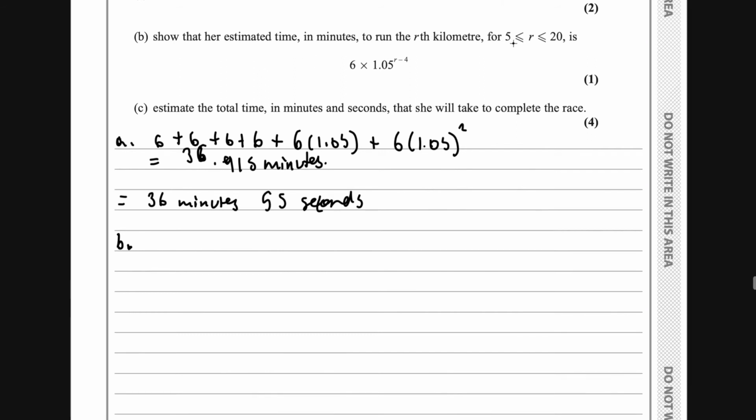For part B, we're asked to show the estimated time in minutes to run the half kilometre from the 5th kilometre to the 20th kilometre, because remembering the race itself is only 20 kilometres long, can be given by this expression here. And to those of you that have got your series formulas and your sequence formulas and your nth term formulas memorized, this is the nth term of a geometric sequence.